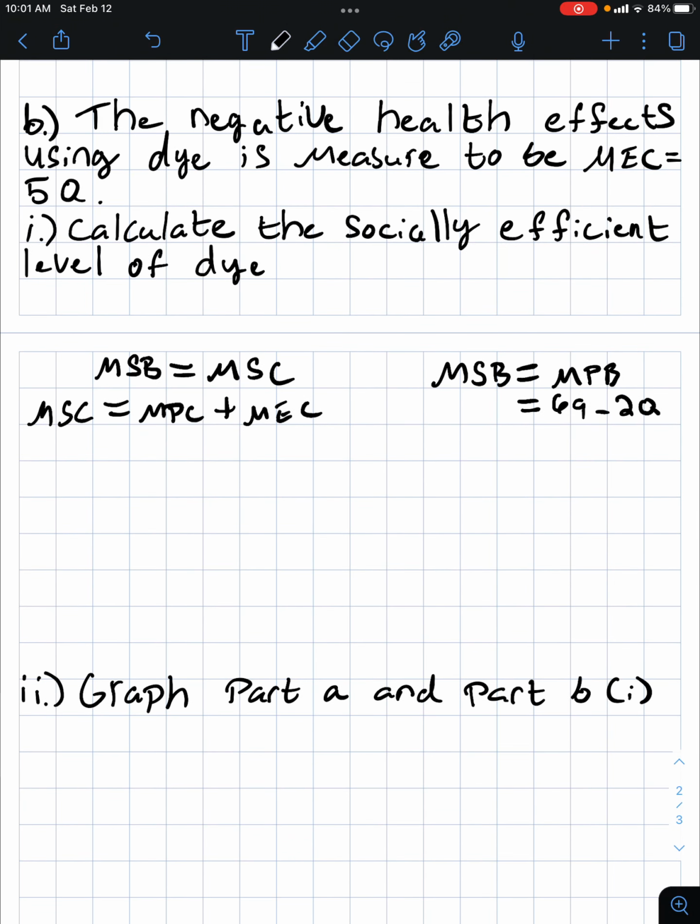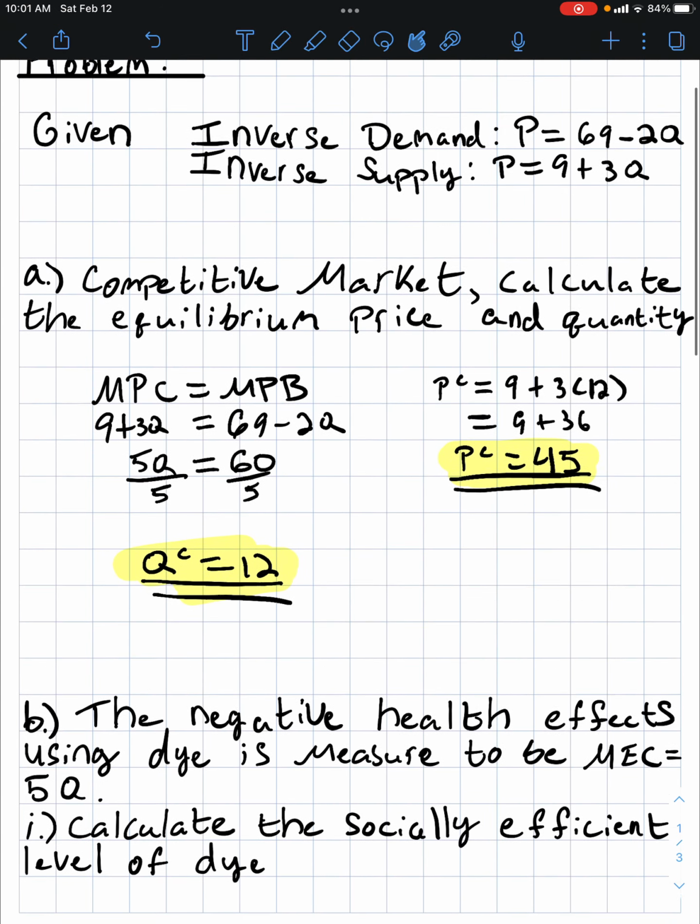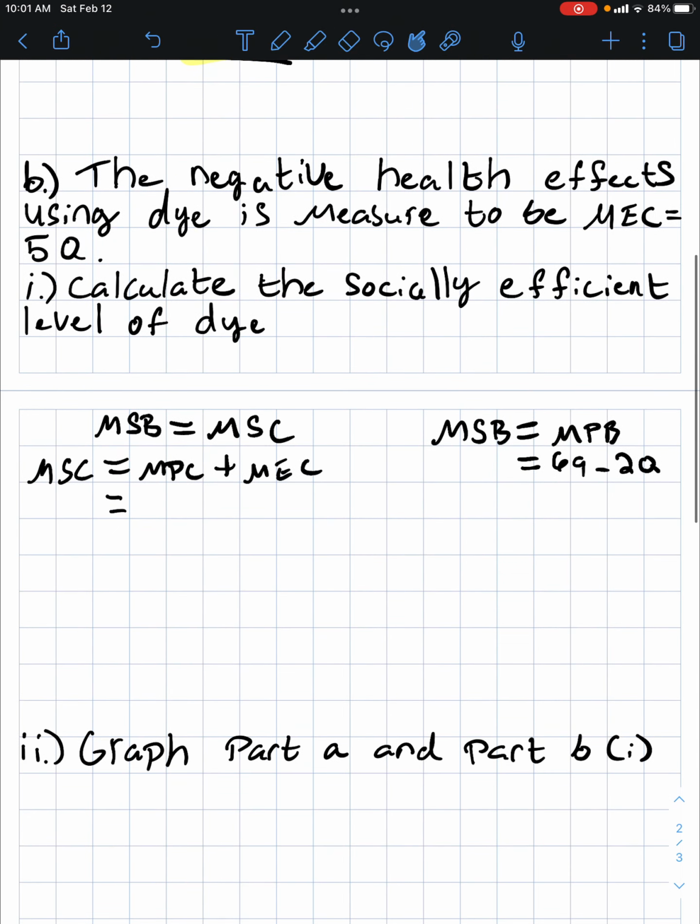This is going to be equal to our inverse supply from above. So we get 9 plus 3Q plus our marginal external cost, which is 5Q. So our marginal social cost is 9 plus 8Q.